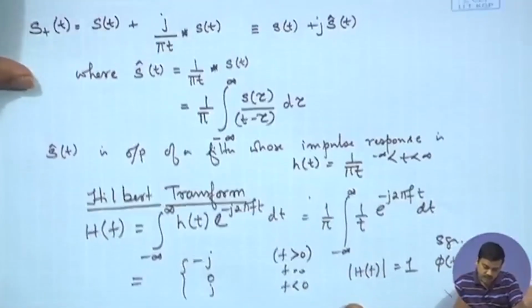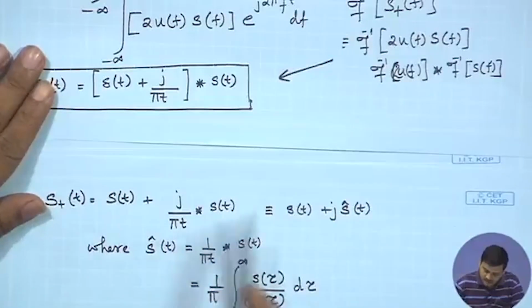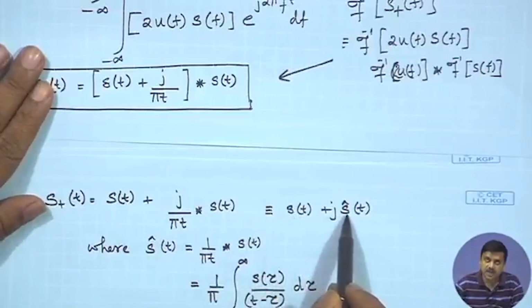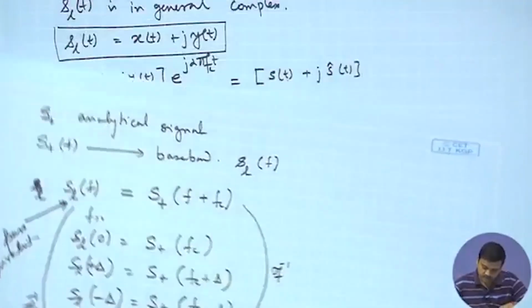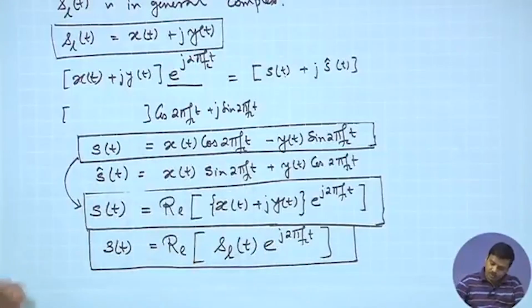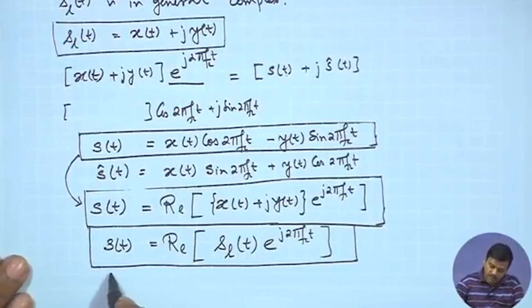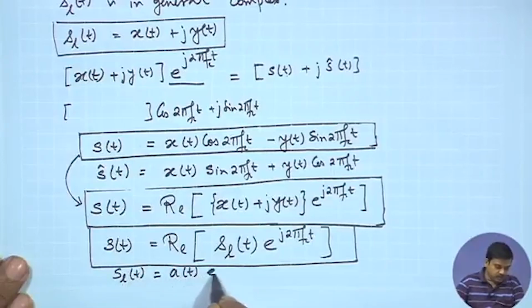And then we said that S plus of t could be represented as S t plus j S cap of t, and we have slowly realized what S cap of t is through a few relationships as given in this expression. One could also represent S L of t as A of t e to the power of j theta t.